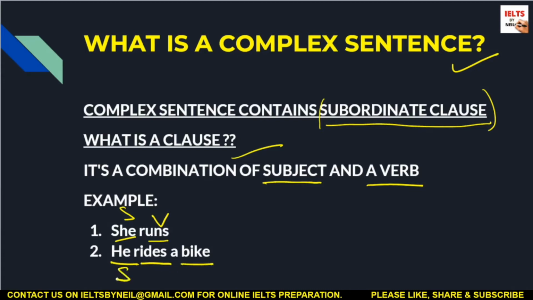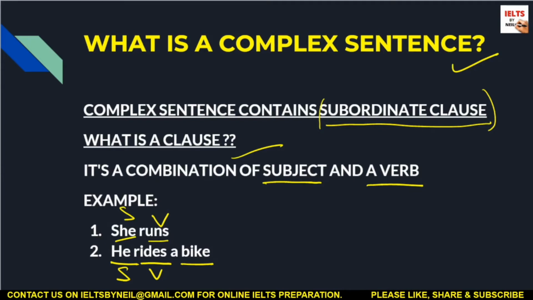He is the subject, rides a bike is the verb. However, a clause doesn't have to make sense. A sentence has to make sense. So remember this. For now, let's move on to the next slide, but I will be explaining it in detail in the coming slides, so do not worry.